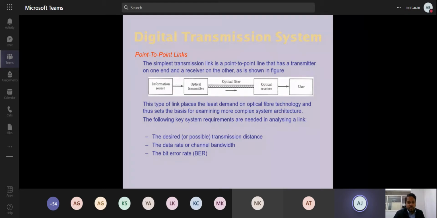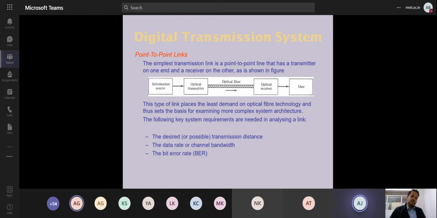So this is what is currently being used, and the system parameters that one usually needs to check are: what is the transmission distance? Is it possible to have a higher transmission distance?